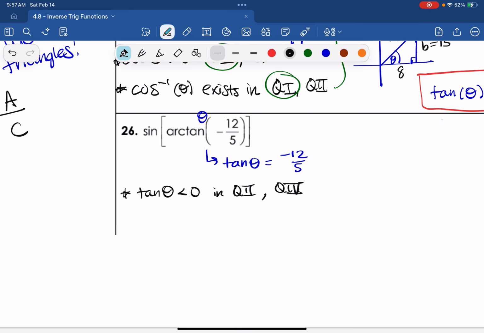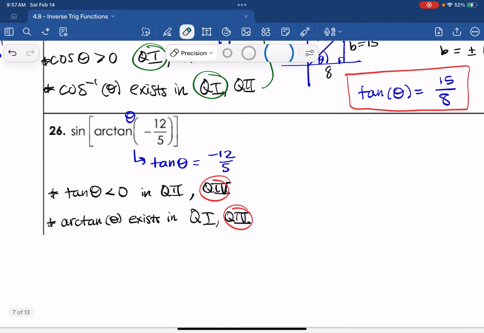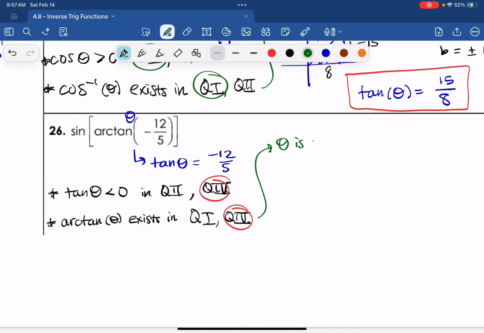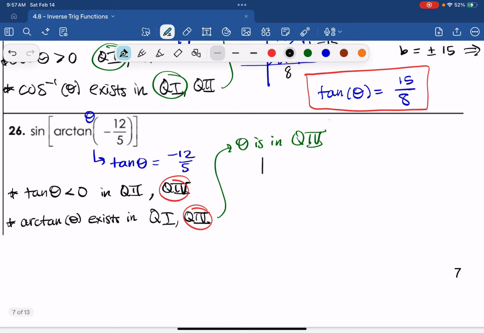Arctangent exists in quadrants 1 and 4. So where's the overlap? The overlap is in quadrant 4. This tells us that theta is in Q4. So I'm going to draw a quadrant 4 triangle.